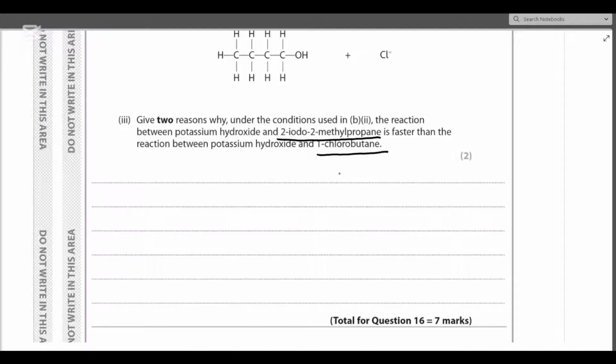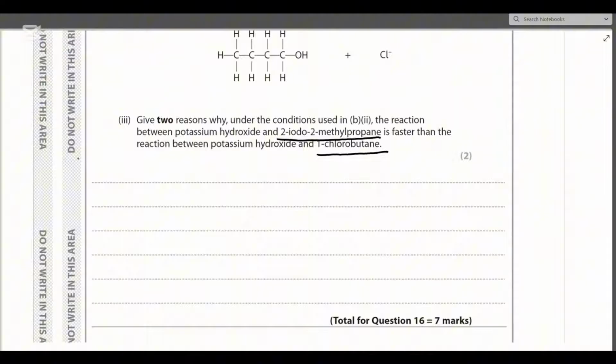So this basically makes the C-I bond weaker compared to the C-Cl bond present in the primary halogenoalkane. These are the two reasons why the tertiary halogenoalkane tends to provide a faster reaction compared to its counterpart.